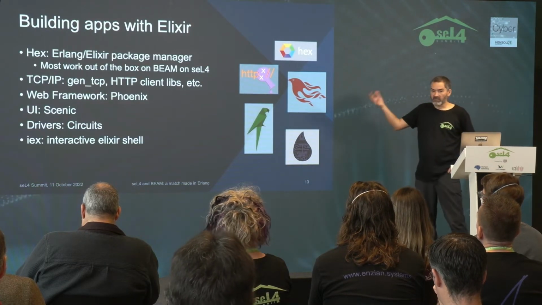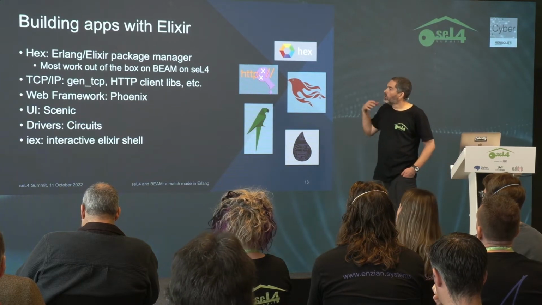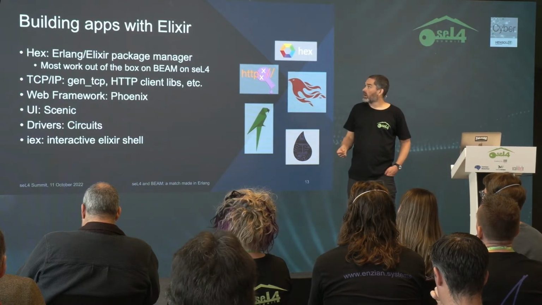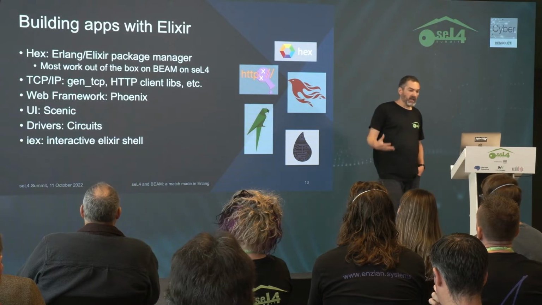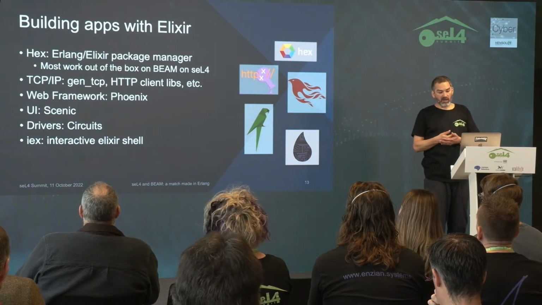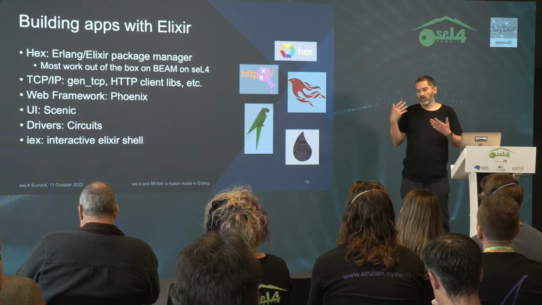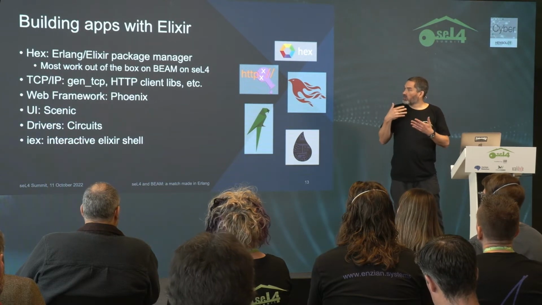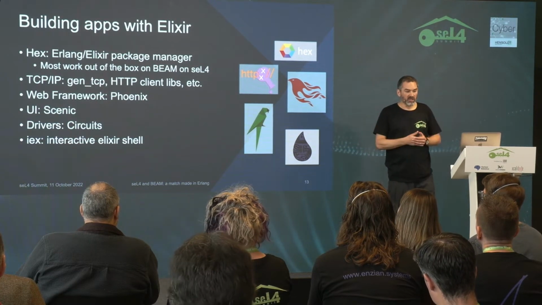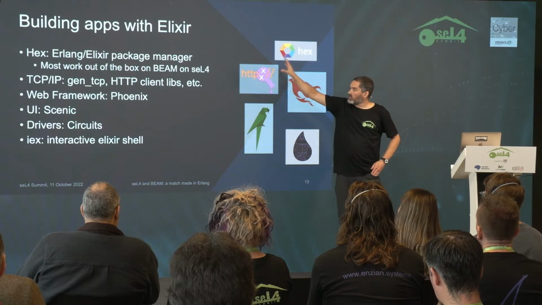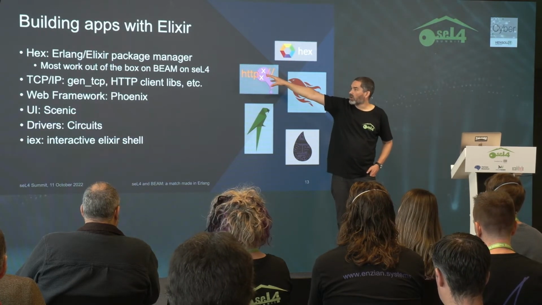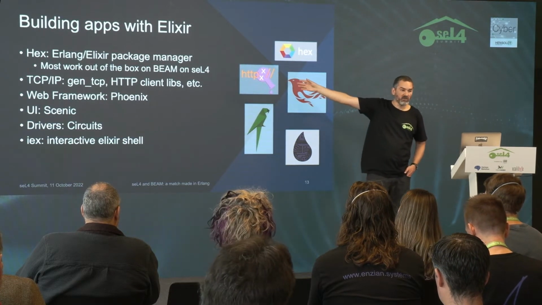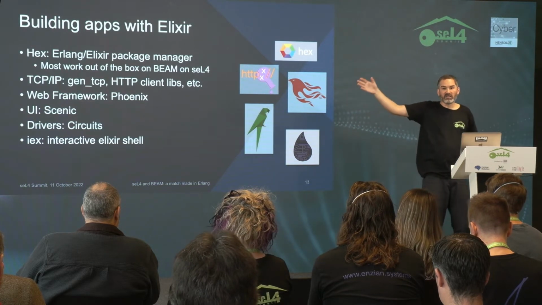Otherwise, we want to take advantage of the Elixir environment. So we want to build our apps on Beam with Elixir. There's a huge library called Hex, a package manager that relies on a library of a whole bunch of things. A lot of the code and the packages in Hex work out of the box on Beam on seL4. So there's a huge library of things that we can use.